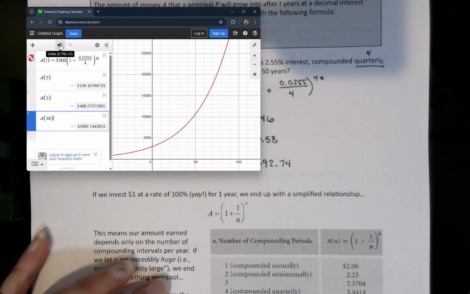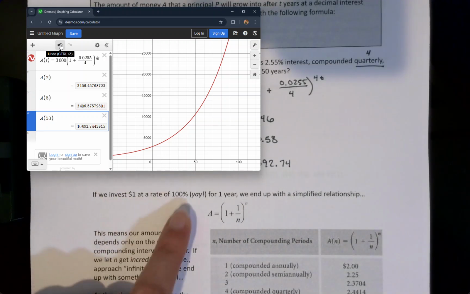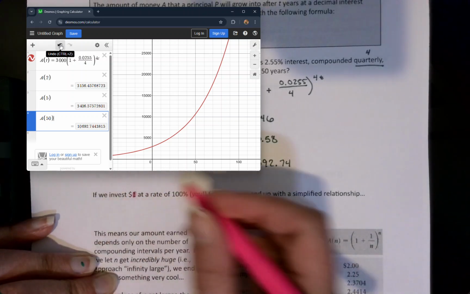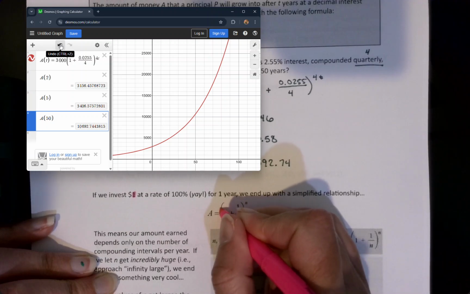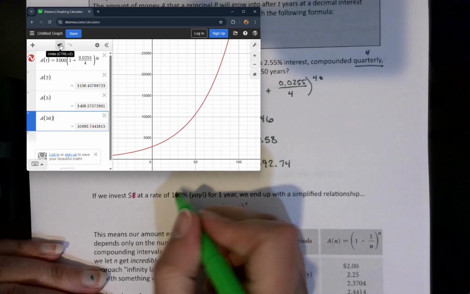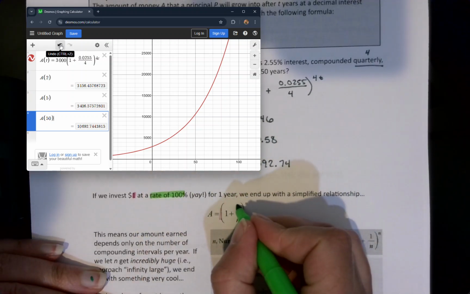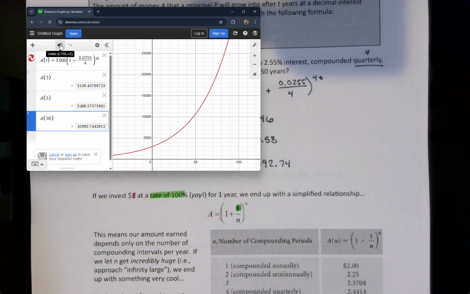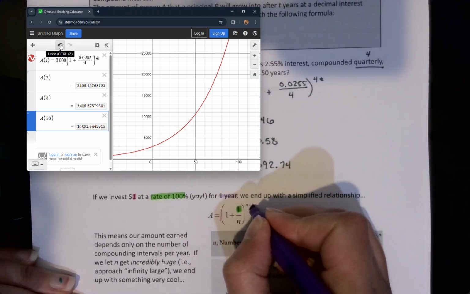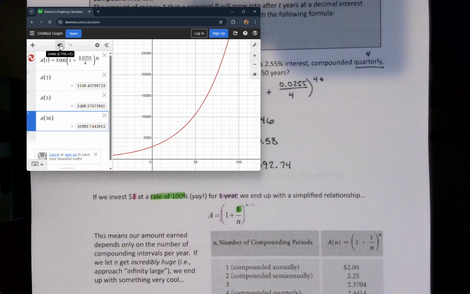If we invest $1 now at a rate of 100%, so the $1 that we're investing now is the 1, it's invisible right here, for P, at a rate of 100%, that would be a rate of 1, for 1 year. 1 year would be a times 1 for the year value right here.